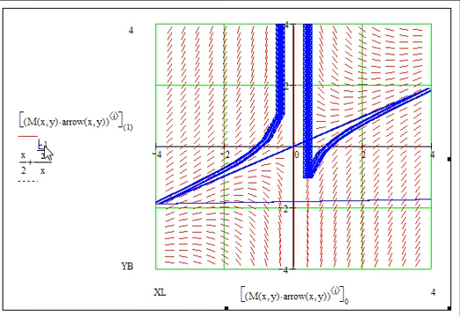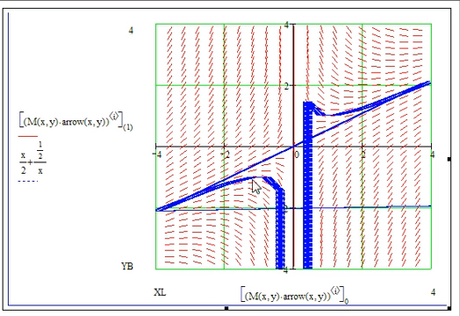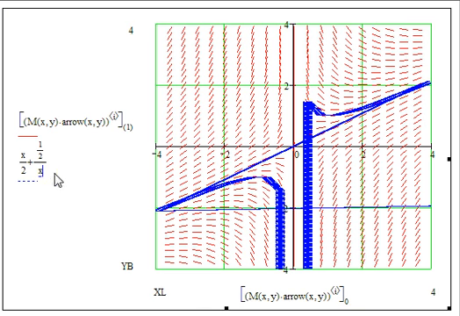Let me try to make it positive 1/2 over x. That one is again an asymptote going this way, because as x goes to 0 from the right, we go up towards positive infinity, and as it goes to 0 from the left, we go down towards negative infinity. So hope you can see from this how you can use a direction field to get a possible graph of a solution.